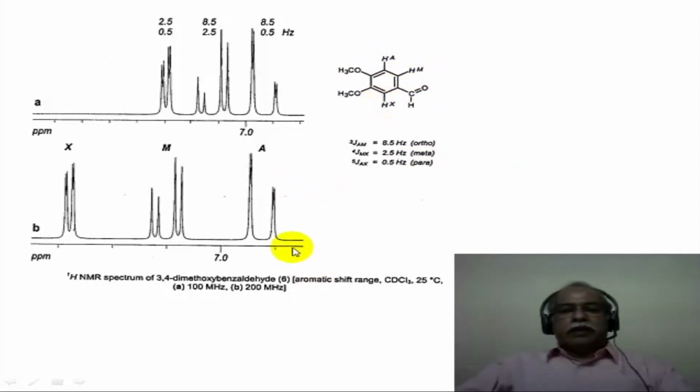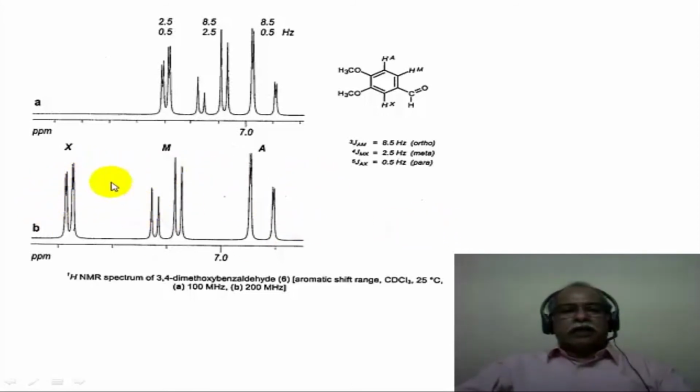What is important here is the top spectrum and the bottom spectrum are recorded in two different frequencies. The top spectrum is recorded in a 100 MHz NMR spectrometer, a lower frequency, and the bottom one is recorded in a higher frequency. We will see the effect of spectrometer frequency in this spectrum very clearly. As you go from a lower spectrometer frequency to a higher spectrometer frequency, the spectrum tends to become a sort of a first order.